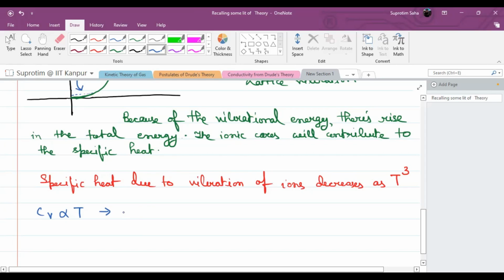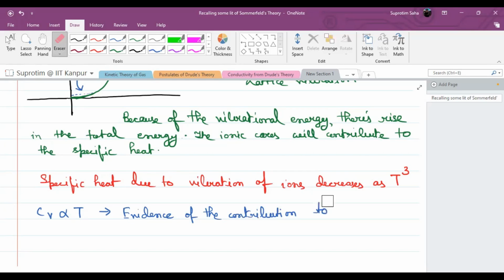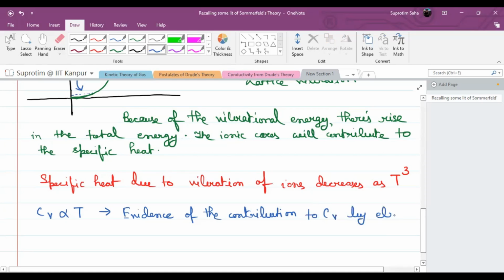All right. So this linear dependence of the specific heat was the evidence of the contribution to CV by electrons in the solid.